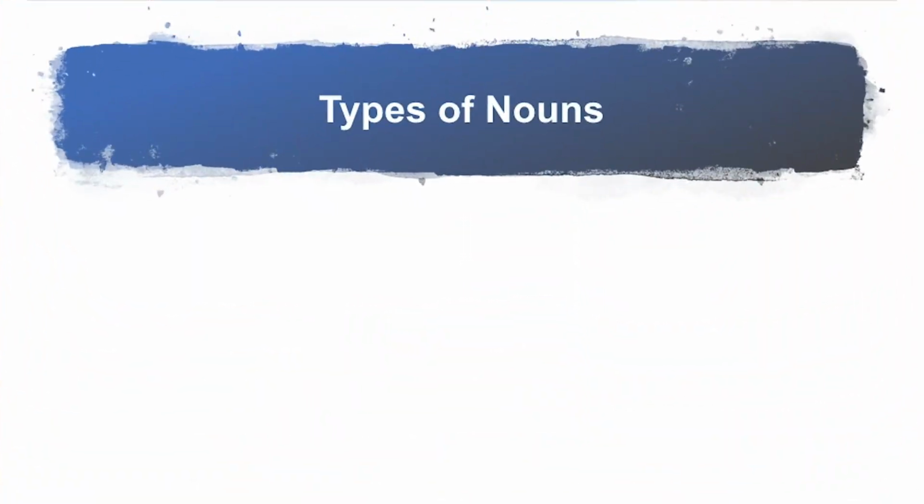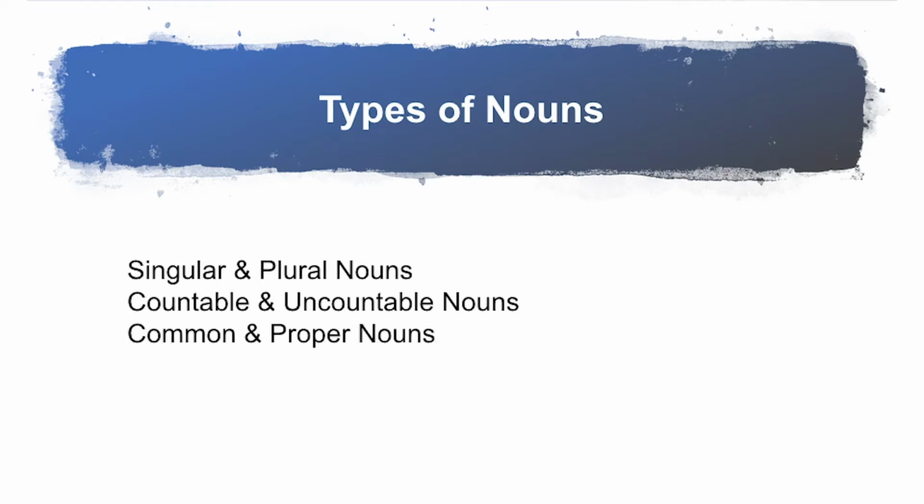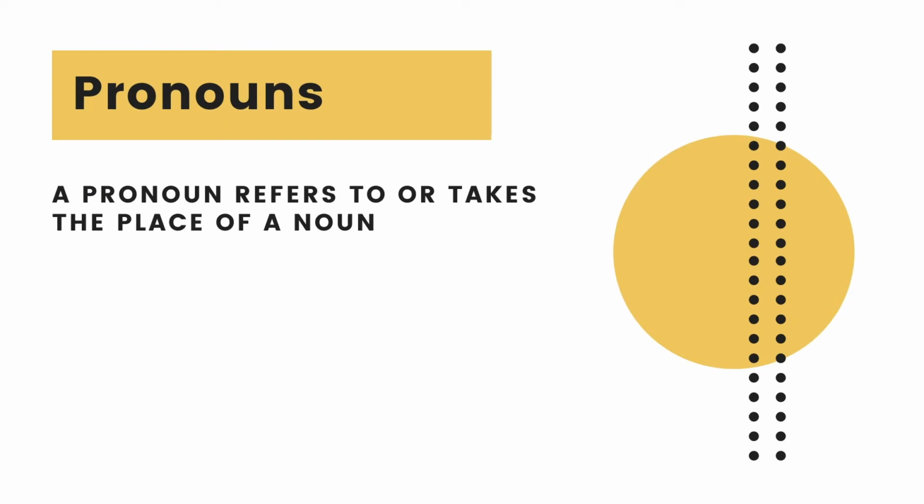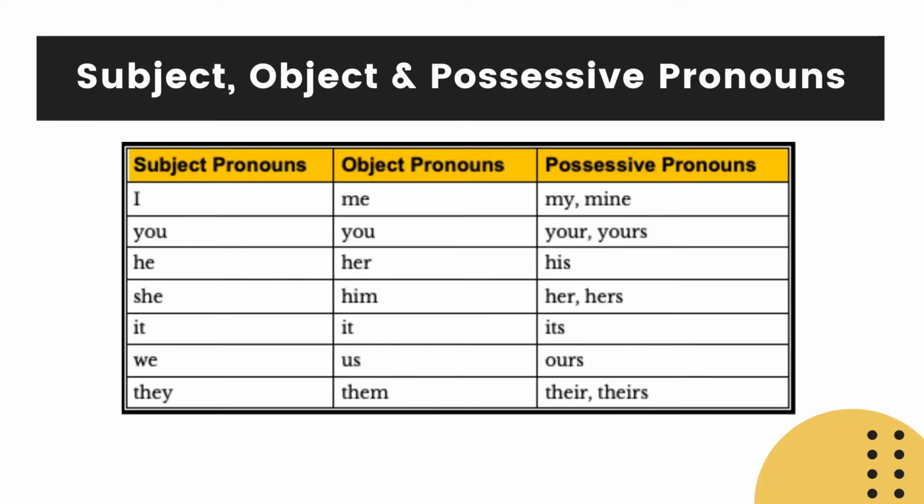And so you need to know those parts of speech, nouns, how they're used in sentences, the different types of nouns. So you have singular and plural, you have common and proper nouns, concrete and abstract nouns. You have pronouns, know how those are used in sentences. So you have the subject pronouns, object pronouns, possessive pronouns, relative pronouns.